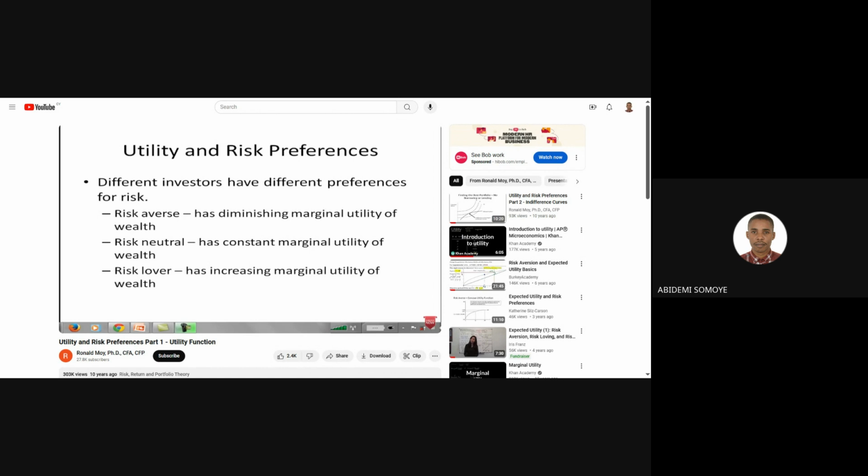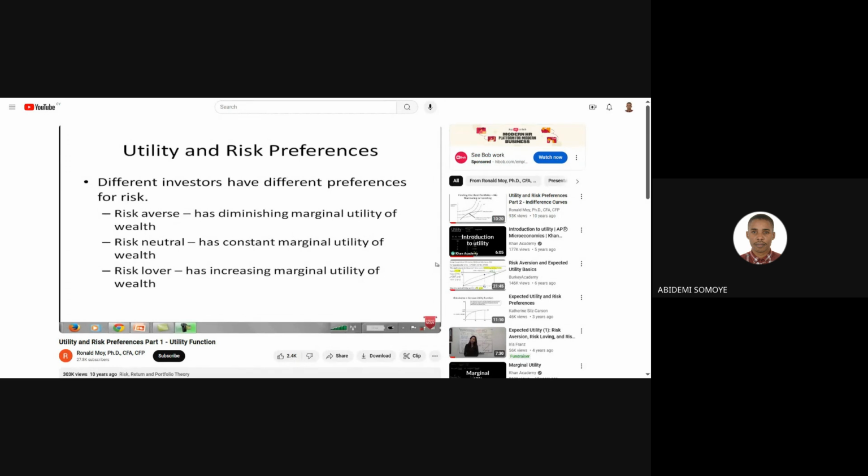You get the same increase in your utility or your satisfaction. And then you have the risk lover. The risk lover is a person who exhibits increasing marginal utility of wealth. This is the person who actually gets more utility as they get wealthier. So going from $1 to $2, they actually get more utility if they go from $100,000 to $100,001.